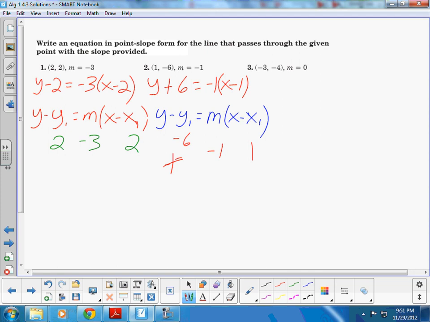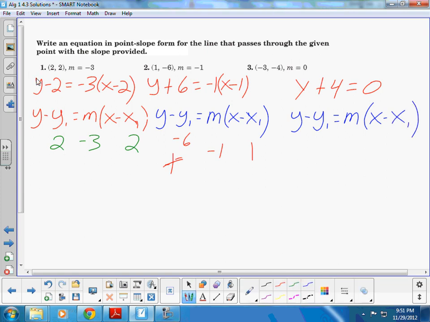Number 3 is y plus 4 equals 0. Again, that is y minus y1 equaling m times x minus x1.